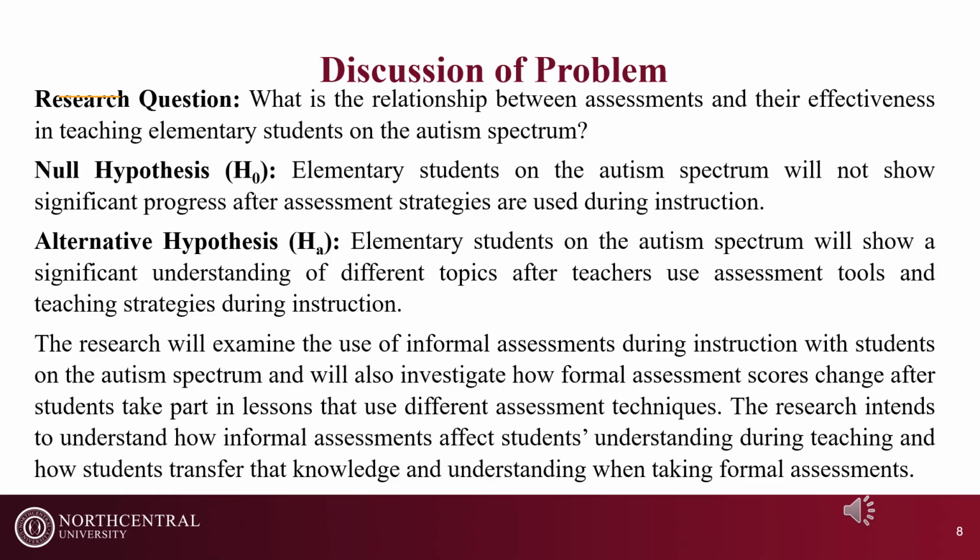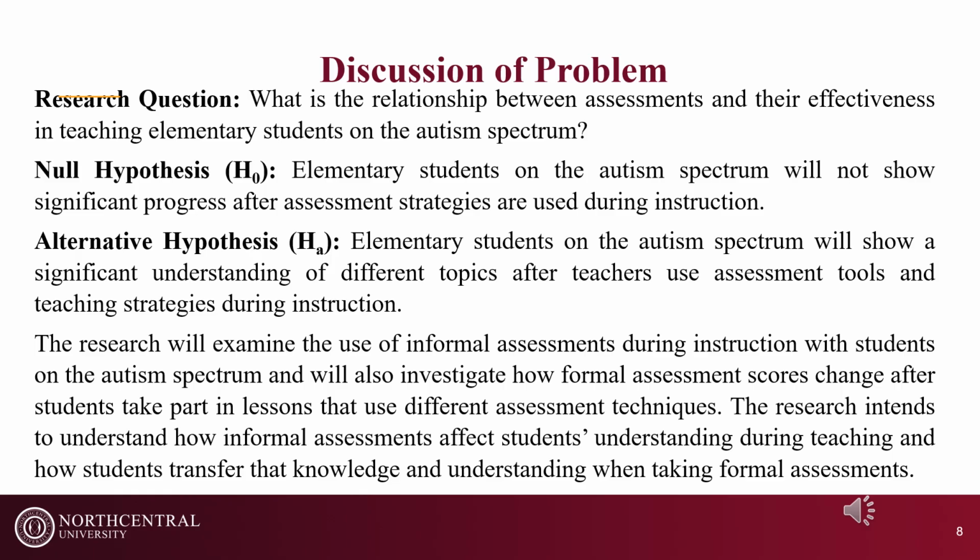The research will examine the use of informal assessments during instruction with students on the autism spectrum and will also investigate how formal assessment scores change after students take part in lessons that use assessment techniques.